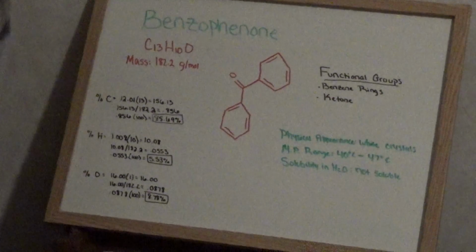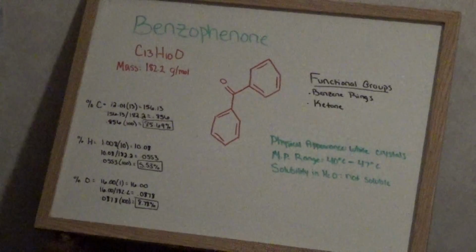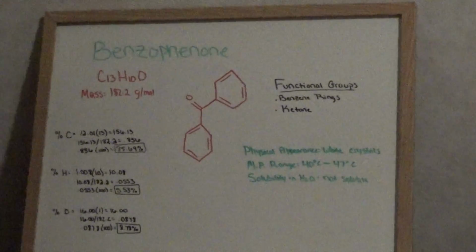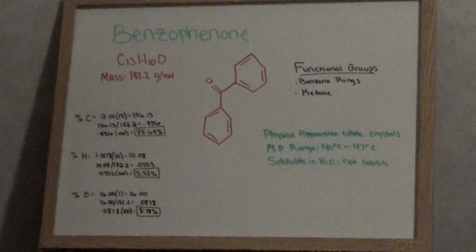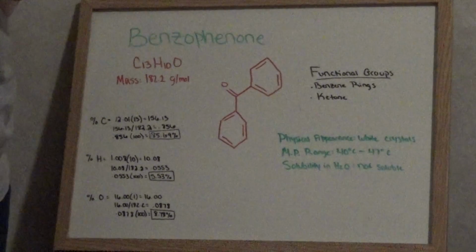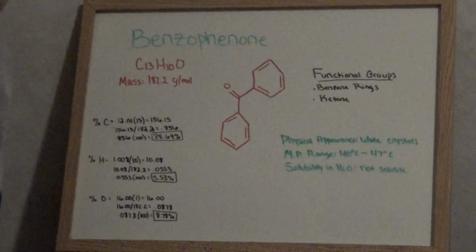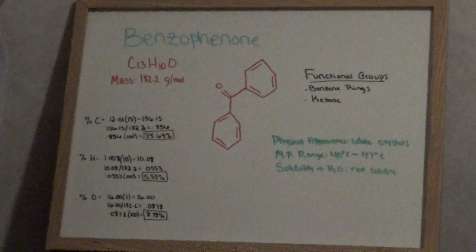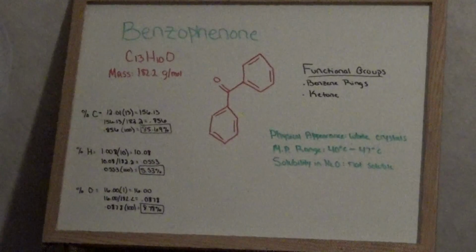I found that benzophenone helps prevent ultraviolet light from damaging scents and colors in products such as perfumes and soaps. And this allows products like that to be packaged in clear glass or plastic.